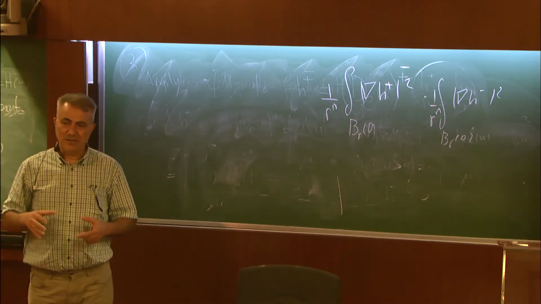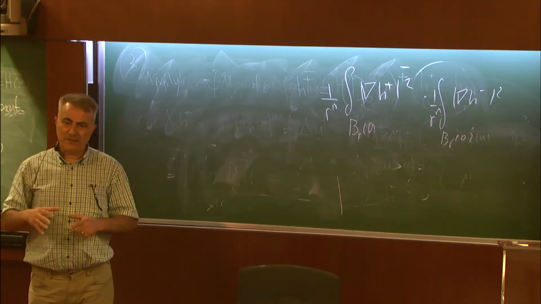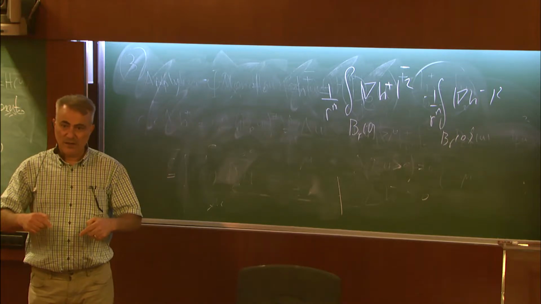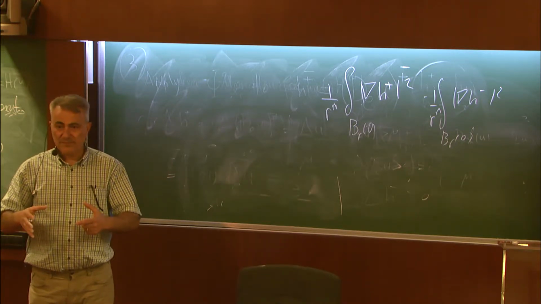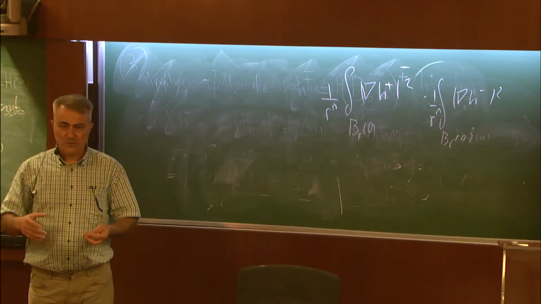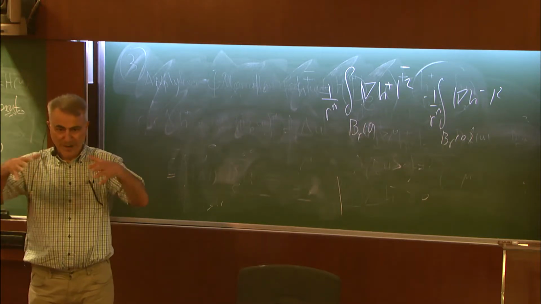So the proof goes like this: you play a little bit with it and then integrate by parts. You take the derivatives with respect to r, and things become a little different. Then you do integration by parts, and all the integrals with the gradient go to the boundary.